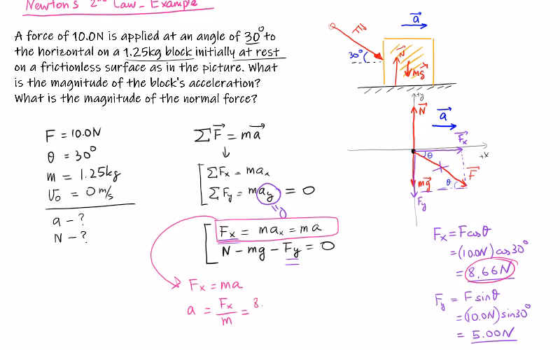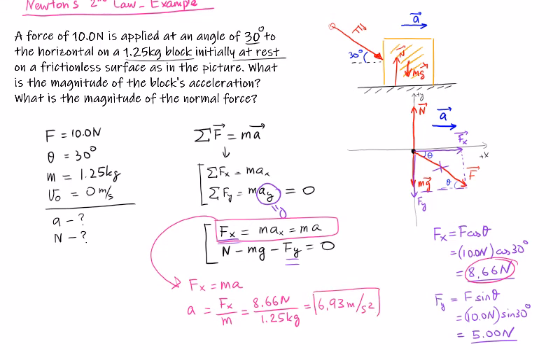Plug in the numbers: 8.66 newtons divided by 1.25 kilograms. Plug it into our calculator. That gives us 6.93 meters per second squared.